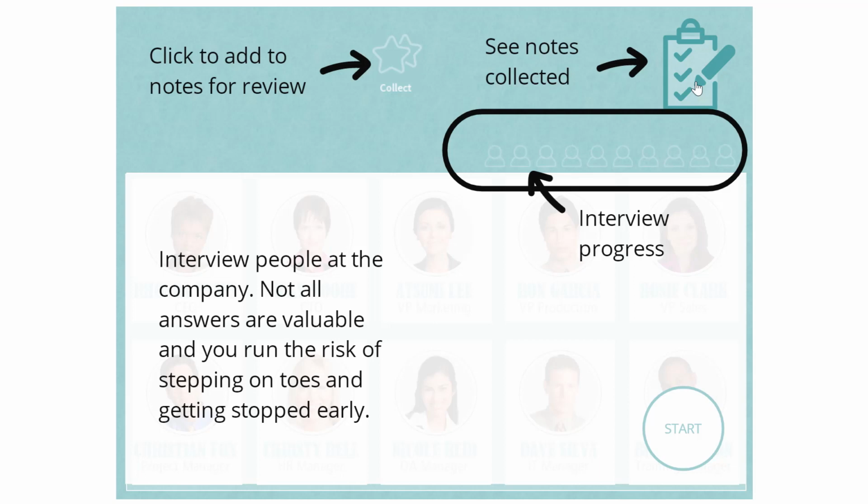So in a real activity, part of the learning process is who should I ask, who should I get information from, who should I not bother, and that adds some risk to that. And the more correct people you ask, the more information you can collect. If you ask the wrong people and you get escorted out of the building, or the interview process is stopped, then you have less information to make an informed decision.